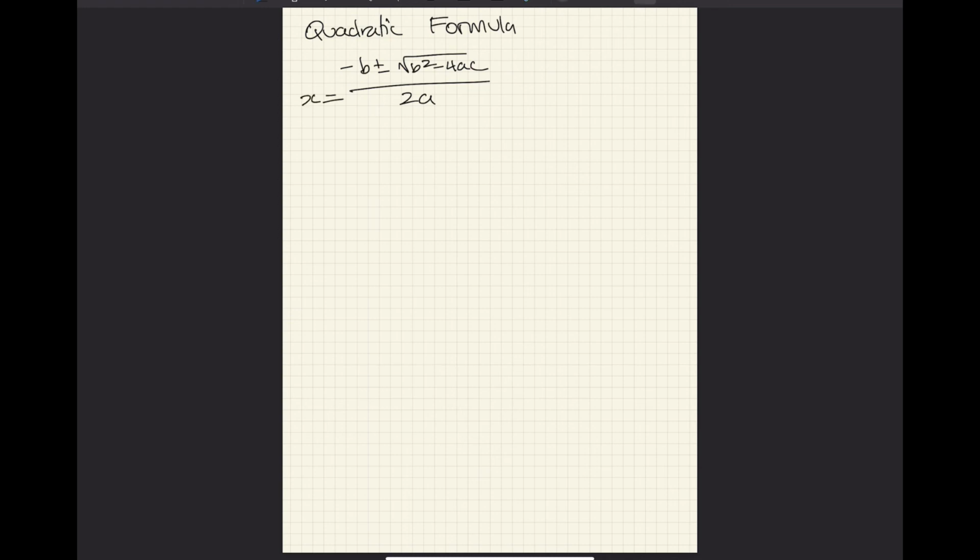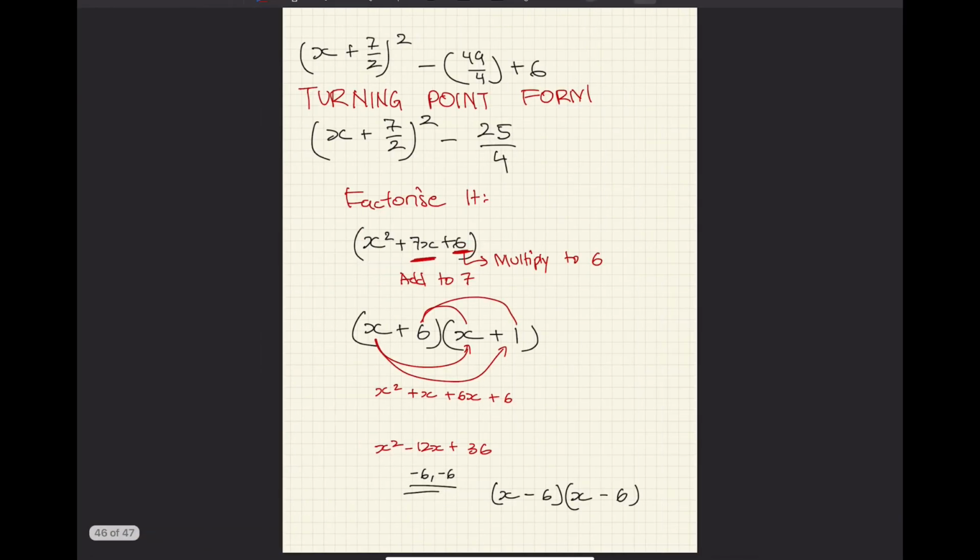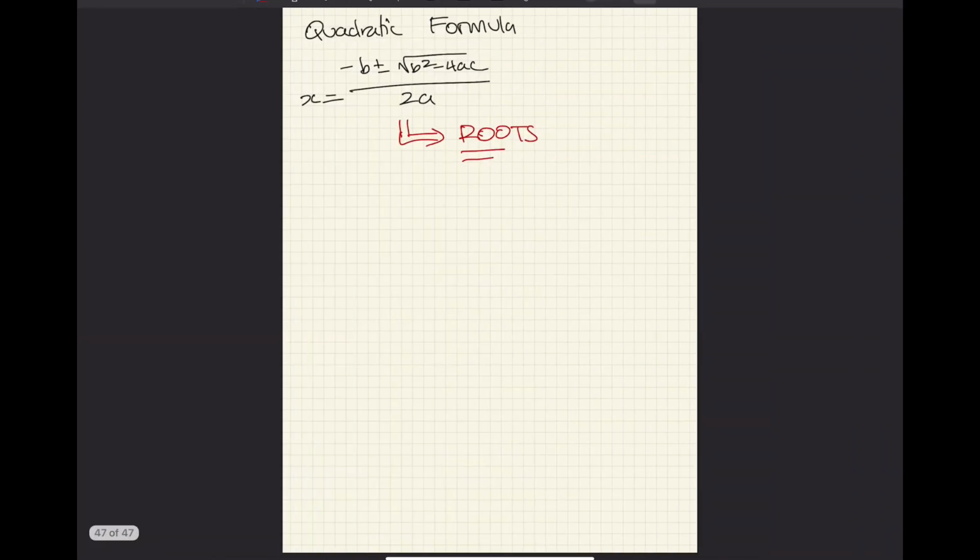Now the important thing to remember in this case is this will give us our roots. So doing this calculation every time will produce the roots, while using the turning point form and factorization, we will have to solve. But more on that in the next video.